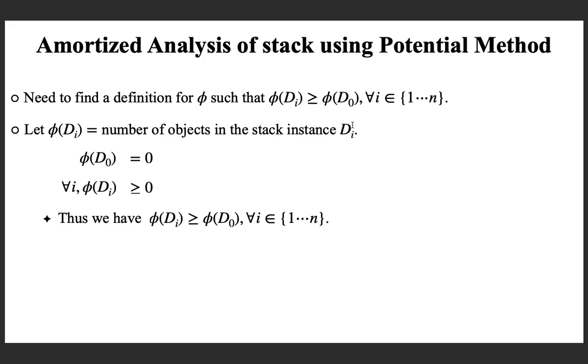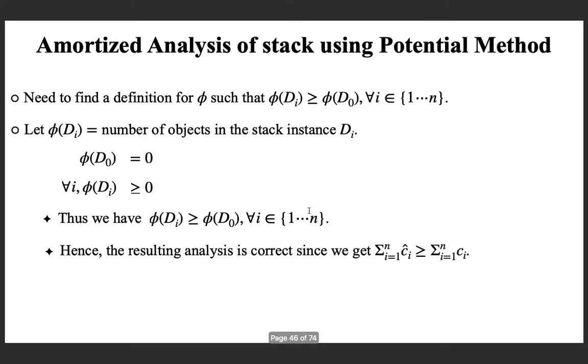Thus, we have the potential of the ith instance greater than or equal to the potential of the initial instance for all i in the sequence, and hence this is a correct analysis. Why?